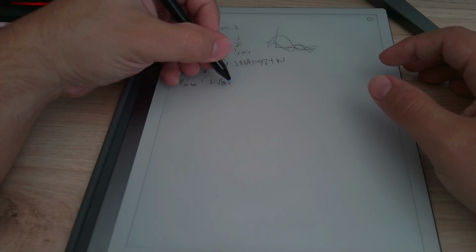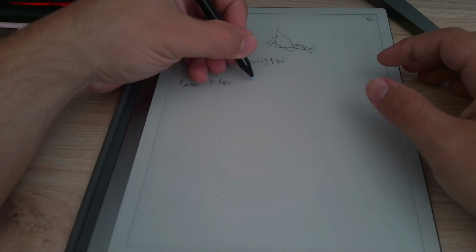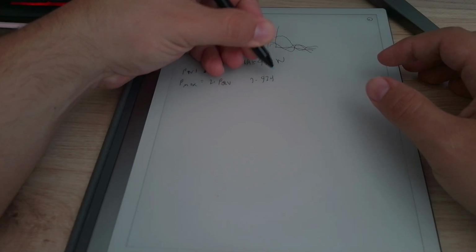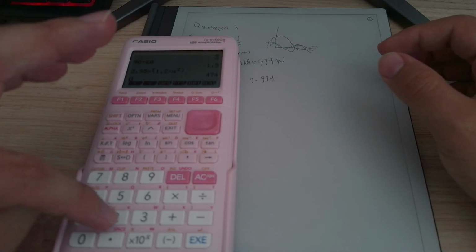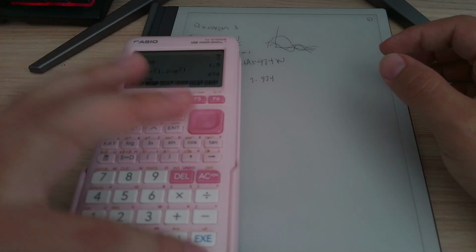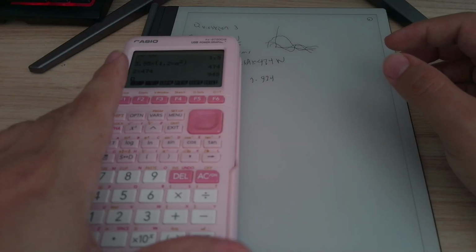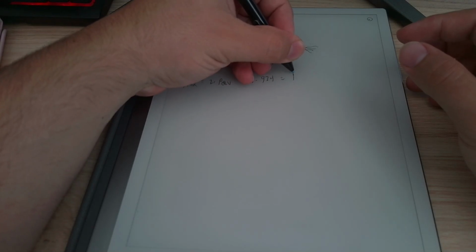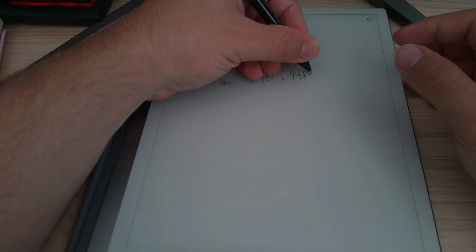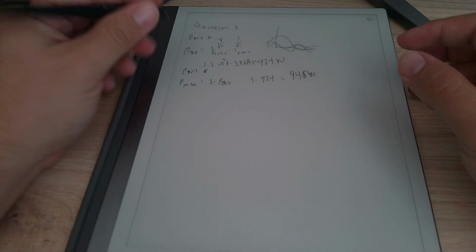So we just multiply by 2, so it's just 2 times 474, which gives us 948. So 948 watts is our maximum power.